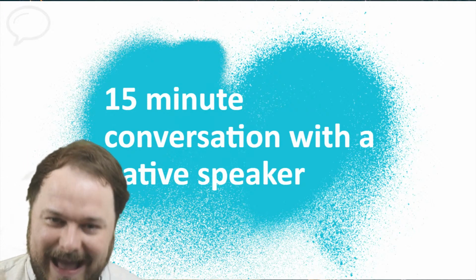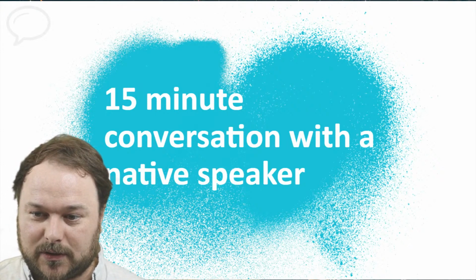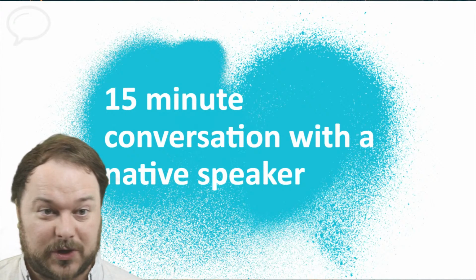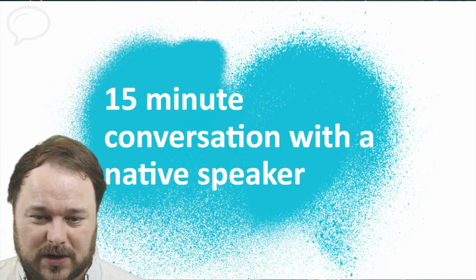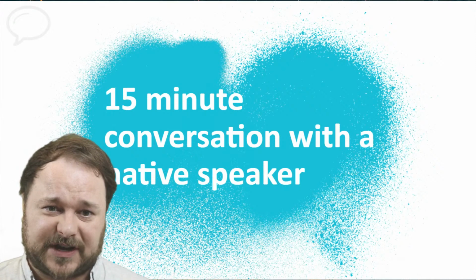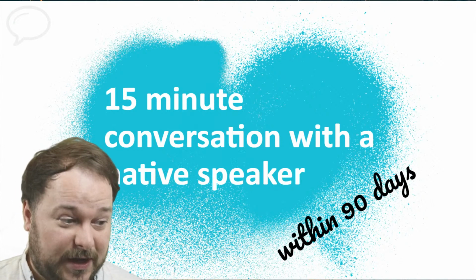But we guarantee you, if you go through our process and you check the boxes that we try to get you to do each day, and we check in with you, see how you're doing, if you keep this up, you will have that conversation by the end of it. All right, so a 15-minute conversation within 90 days.